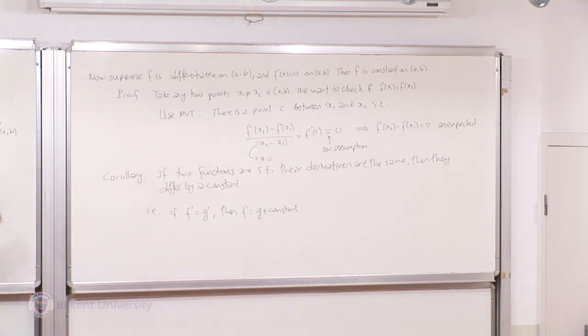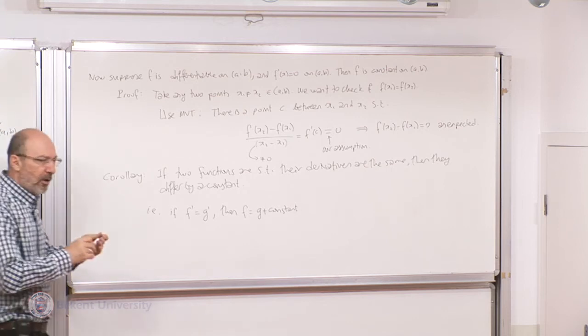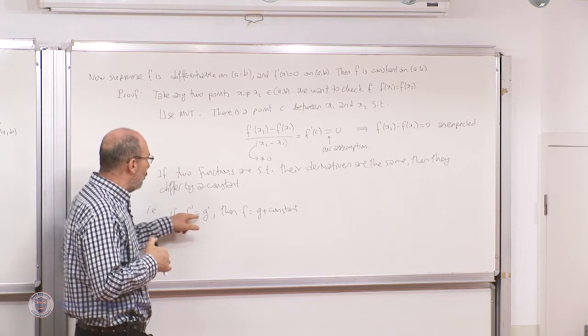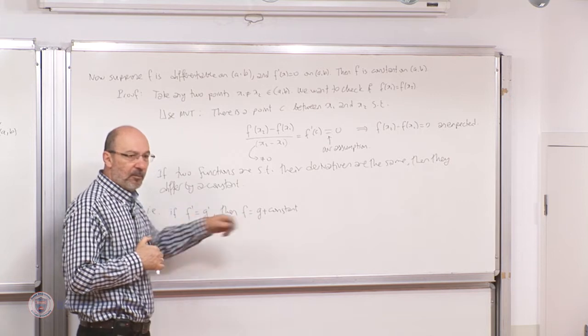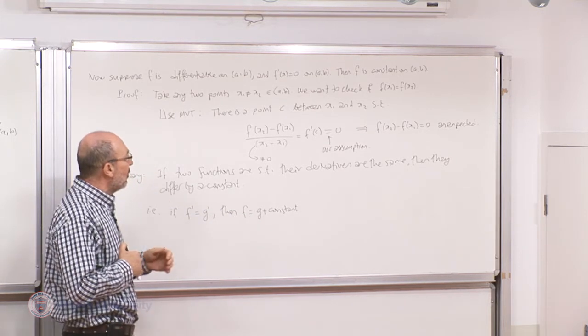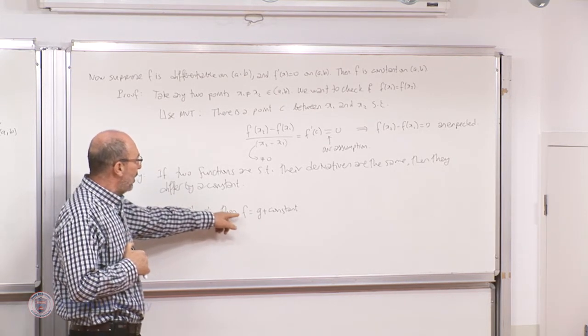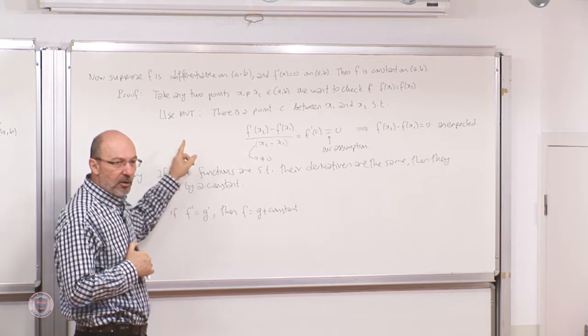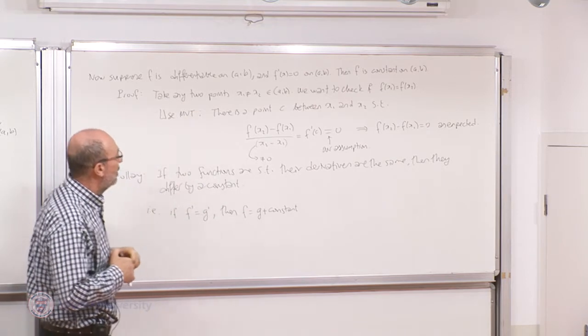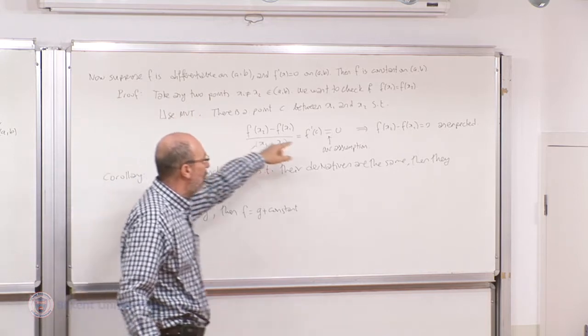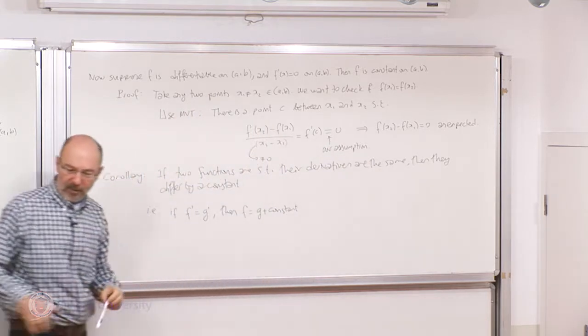Why is this? Because you look at the function f minus g. Its derivative is 0, so it's constant. At every point, it takes the same value.